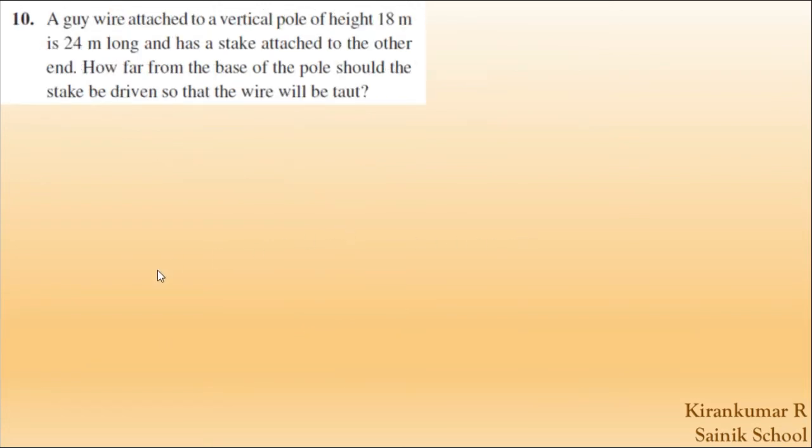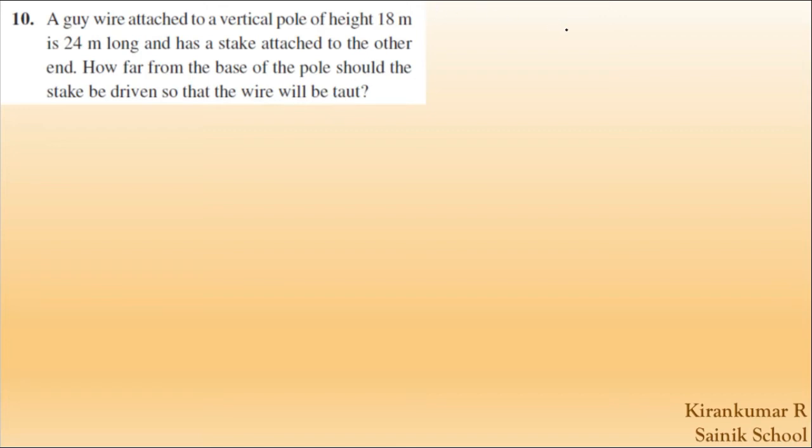Question number 10. The question 10 is, a guy wire attached to a vertical pole of height 18 meter is 24 meter long, and a stake attached to the other end. How far from the base of the pole should the stake be driven so that the wire will be taut?